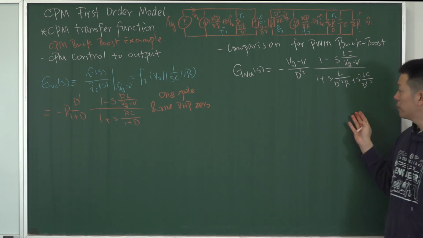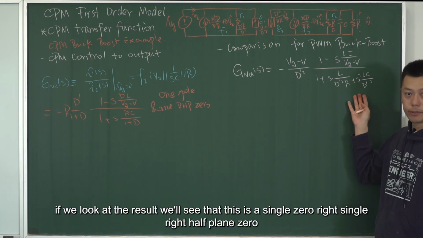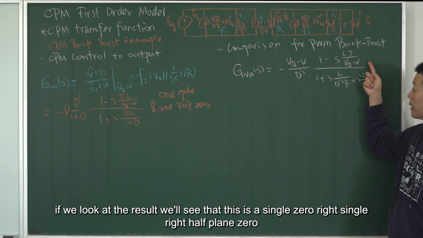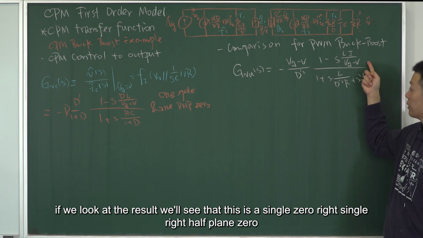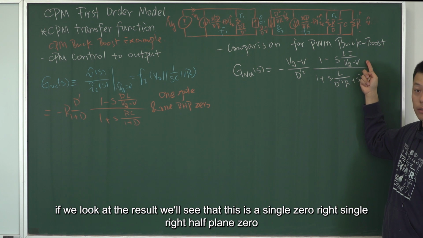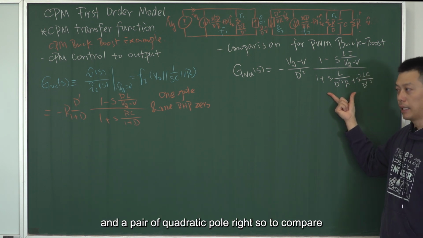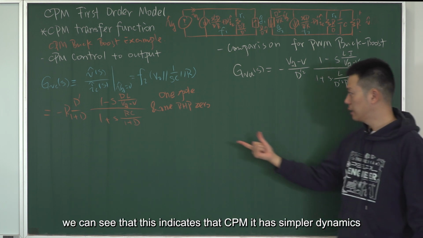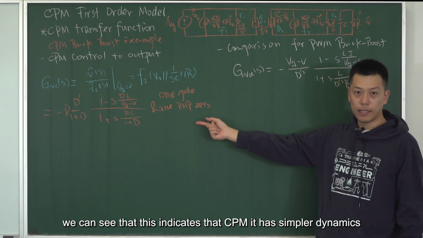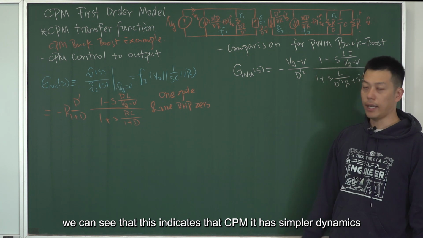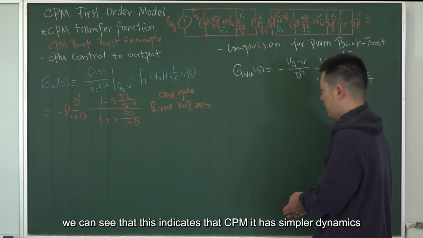If we look at the result, we'll see that this is a single right-hand plane zero and a pair of quadratic poles. To compare, this indicates that CPM has simpler dynamics.